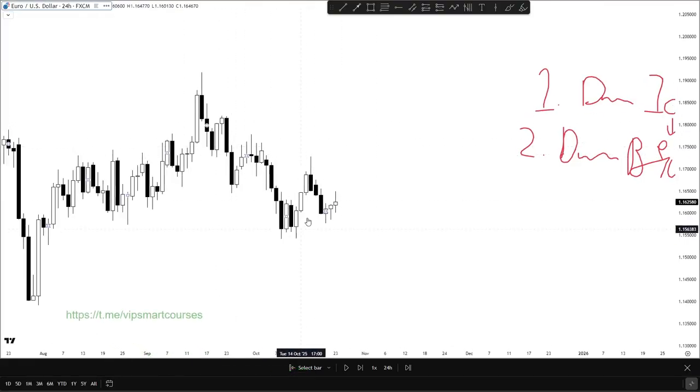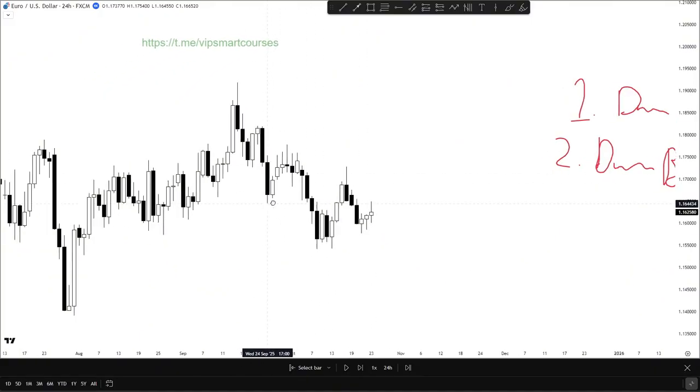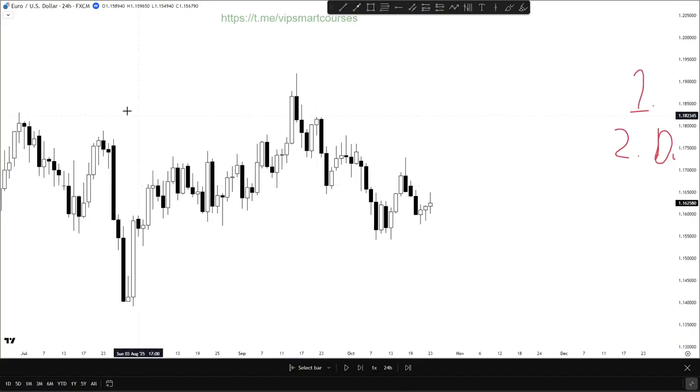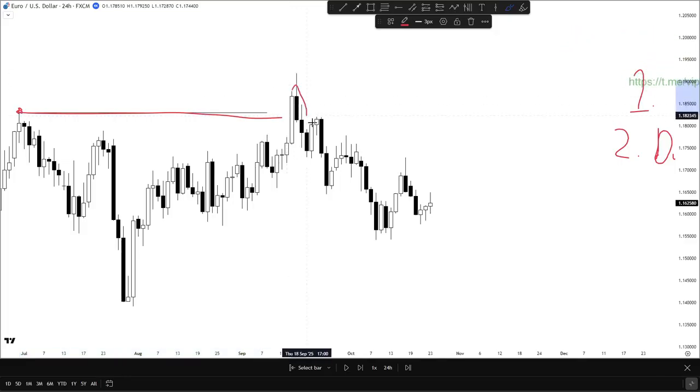The way I build a directional idea for the higher time frame is, first of all, I look at the structure and determine the underlying structure that the market is moving in, using the ideas of market structure. What you can see on the chart is that after we took out this major low right here, we then had a structural shift to the downside after we broke below this low.